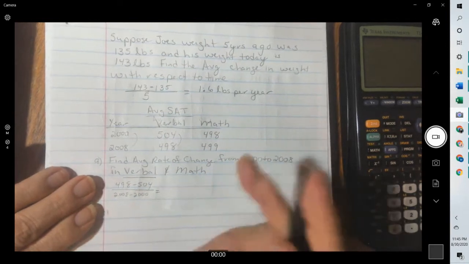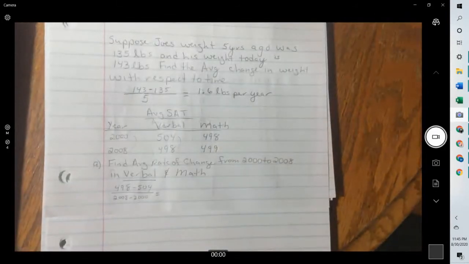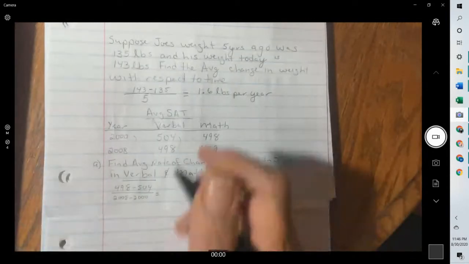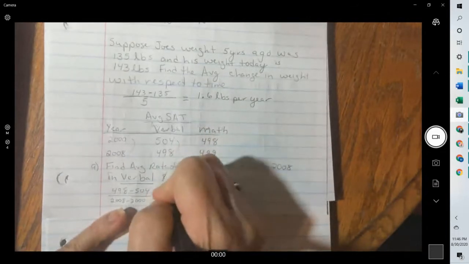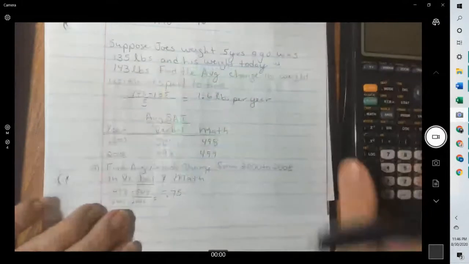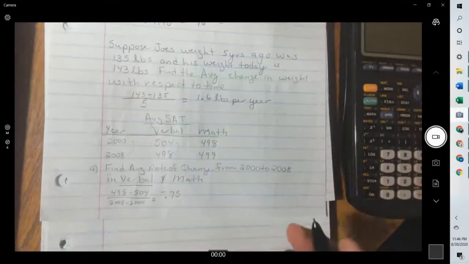And for verbal, we get... So it decreases by a point.